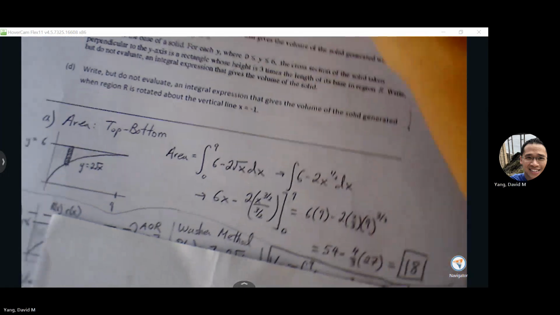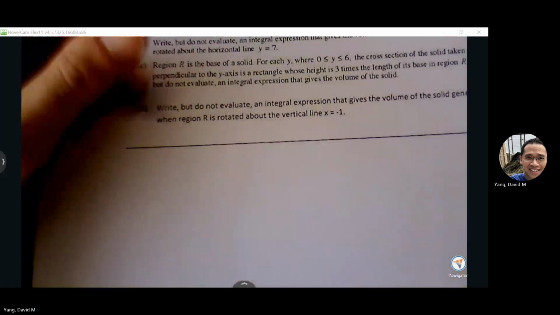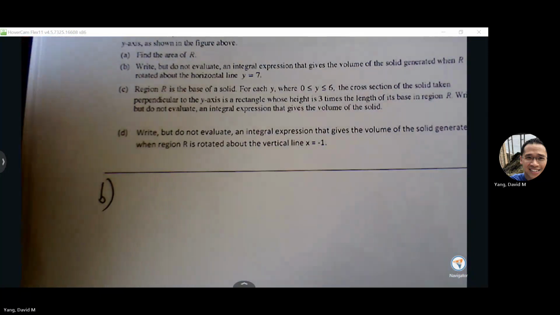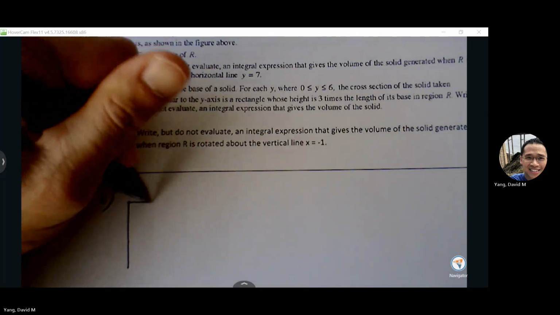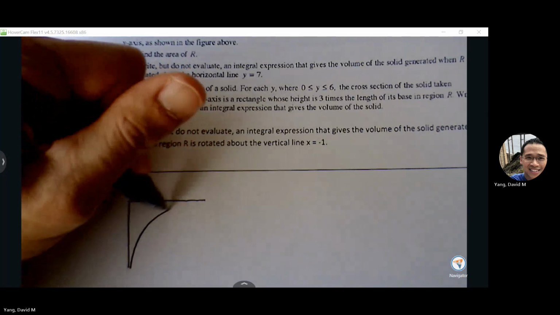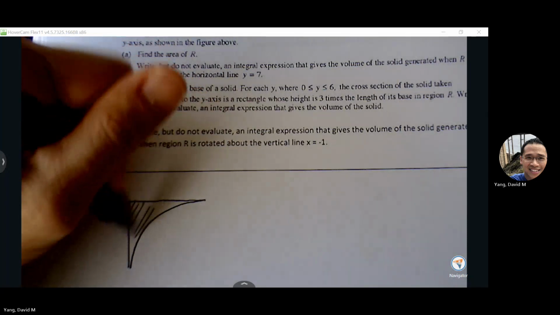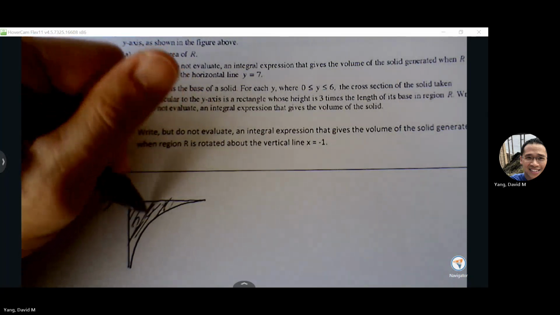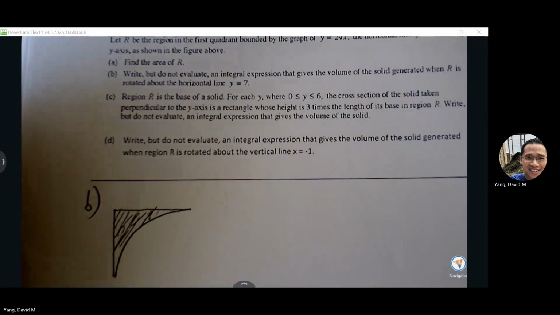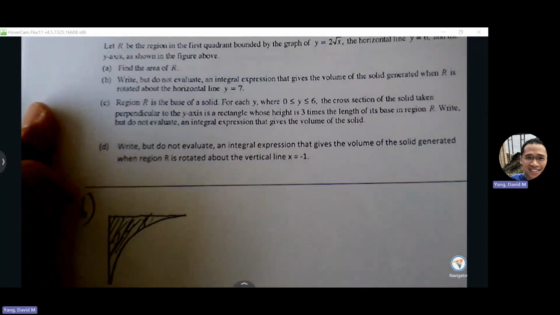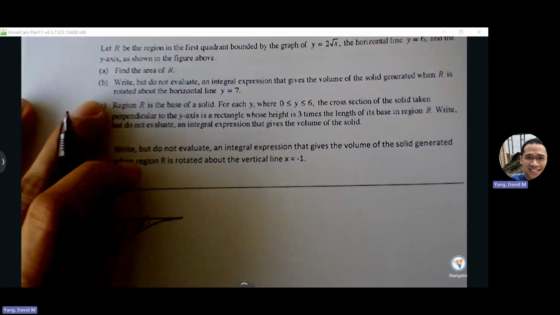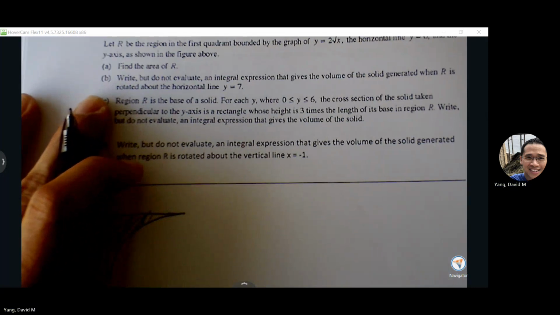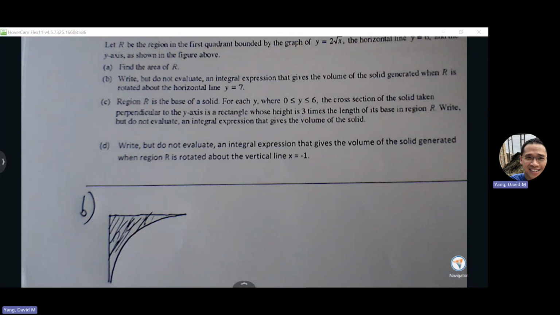Okay, part B. Write, but do not evaluate, an integral expression that gives the volume of the solid generated when R is rotated about the horizontal line y equals 7.